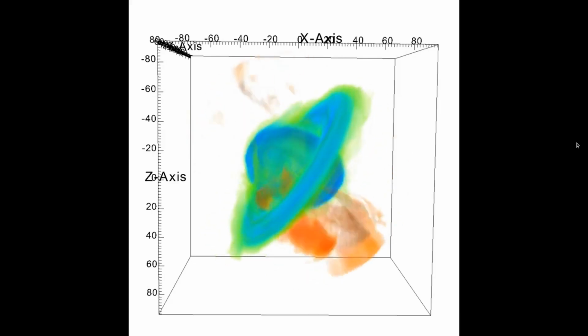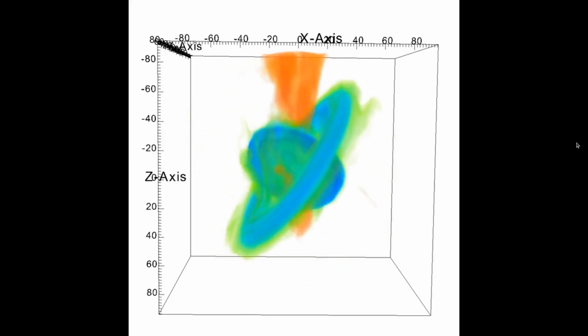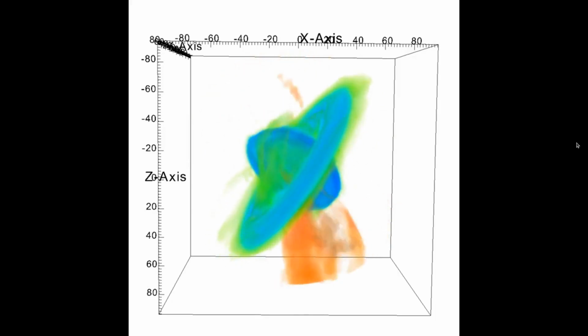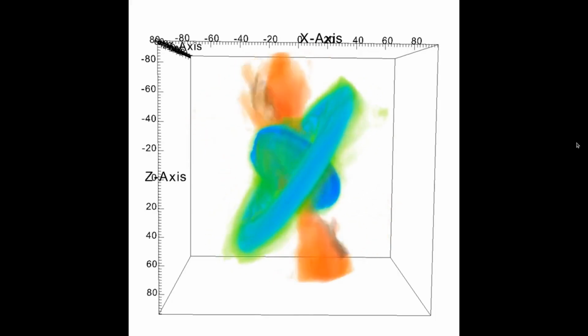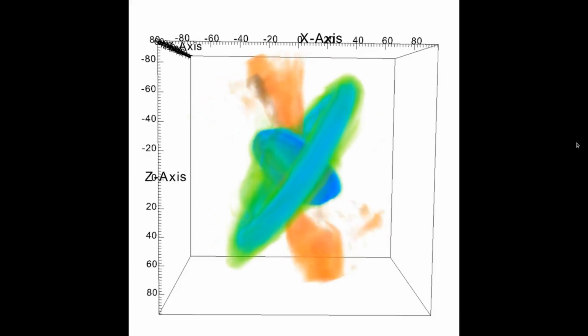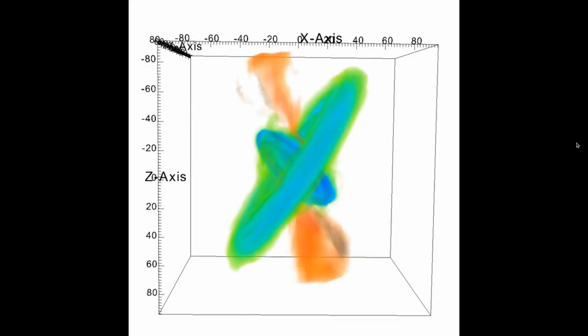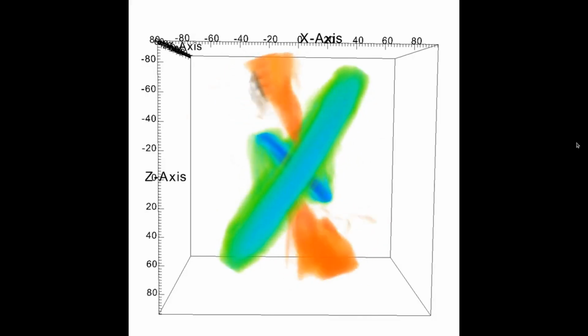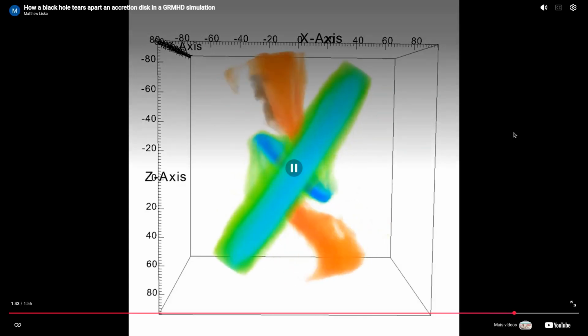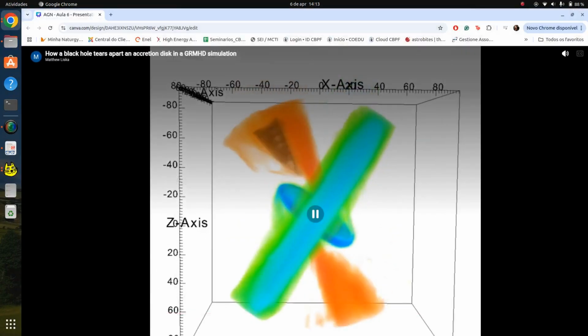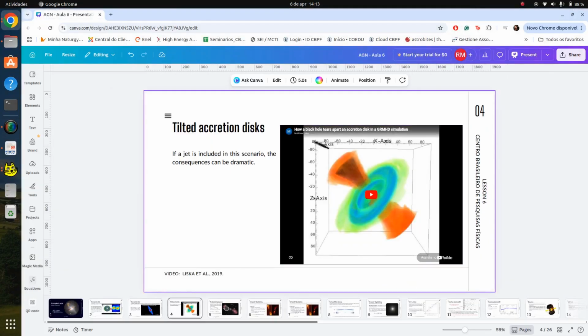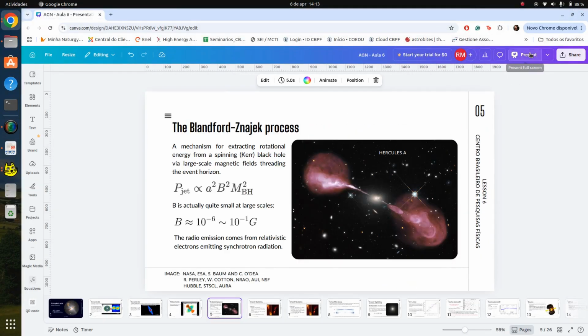Okay, but for sure we expect some feedback from the disk orientation in the jet direction, but I just don't know how much the disk affects the jet. Okay, the orientation of the disk affects the orientation of the jet.